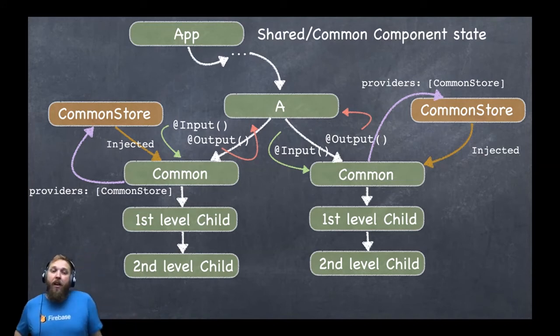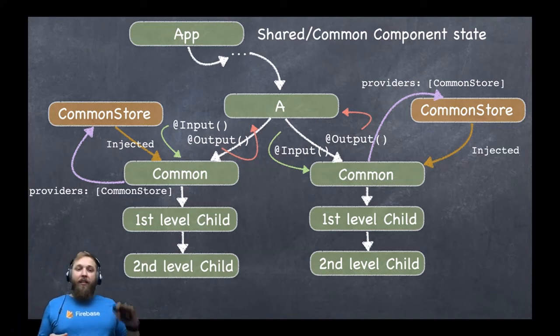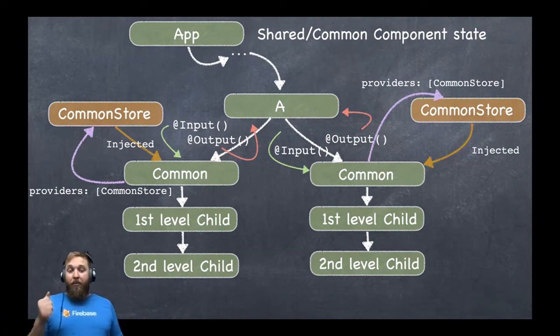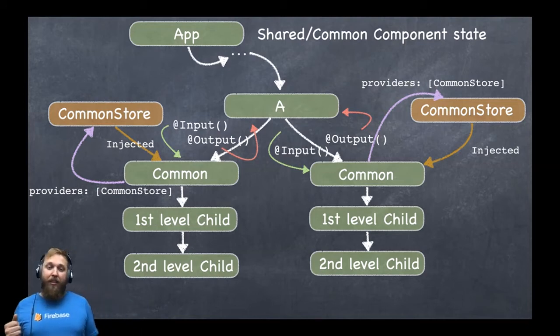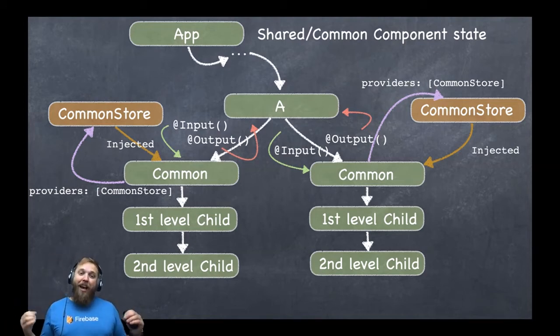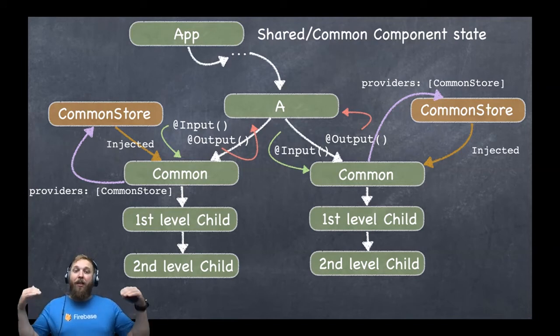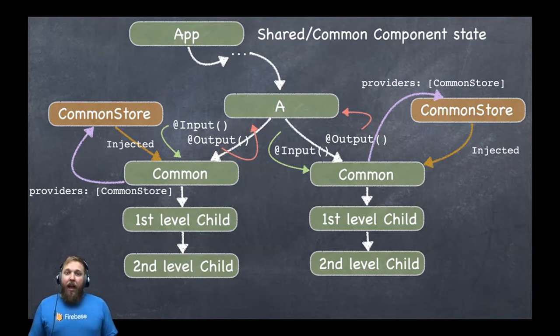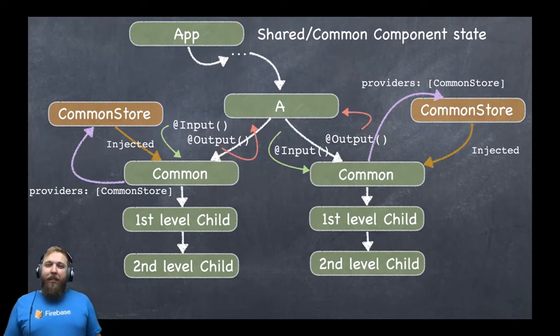Moreover, the second and third and other children that are beneath that component, if they inject the component store, like common store in this case, they will each get a proper instance from their parent, because this is how the injector hierarchy works in Angular. I know it could be a complicated one, but these are the 4 use cases that really highlight this component store example.